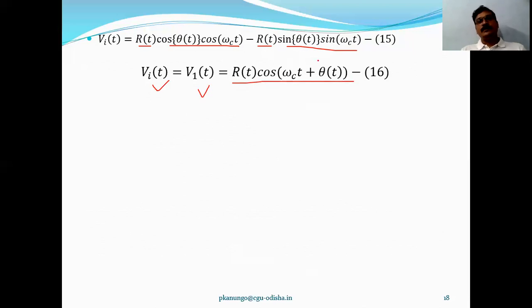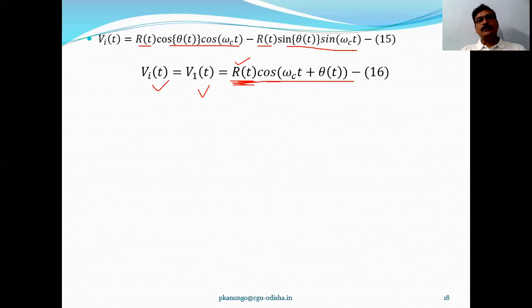Look at here. If you remember, we have assumed noise nt there, but we have assumed the information mt is zero there. But now, without the message signal mt, the input is not an FM signal, it is a carrier signal. But look at here, when noise is added and we have used the quadrature components, it looks like this: the amplitude is not constant, it is a time varying amplitude.